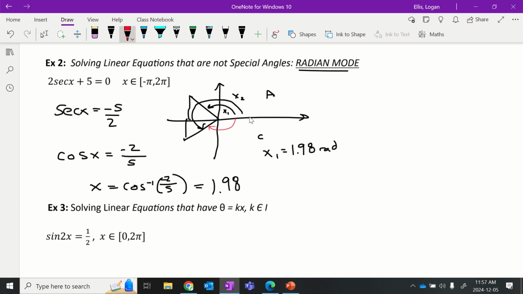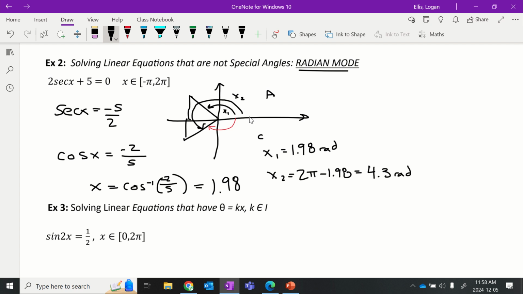So x2 is all the way around to here, but minus, because it's symmetrical, 1.98, and you'd be able to get that second value. So x2 would just be 2 pi minus 1.98. To calculate that, I'm going to go 2 pi minus 1.98, and we're going to get 4.3 rad.